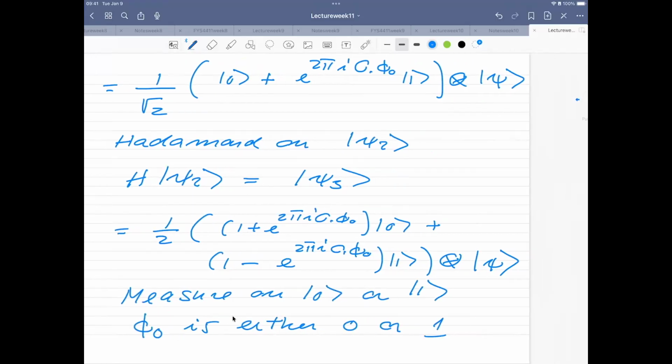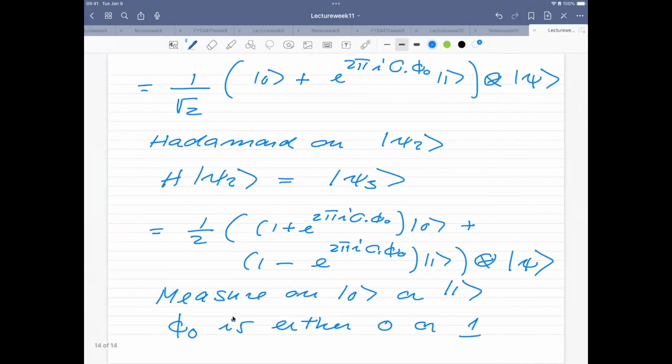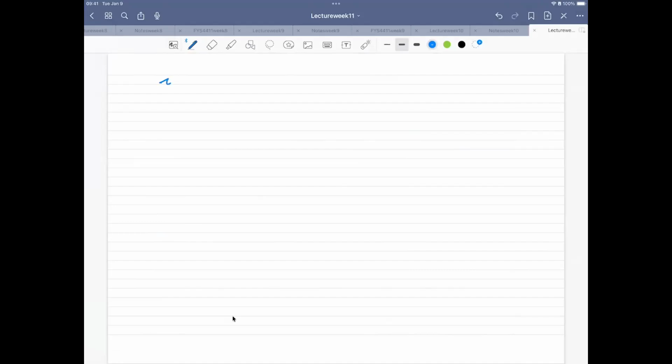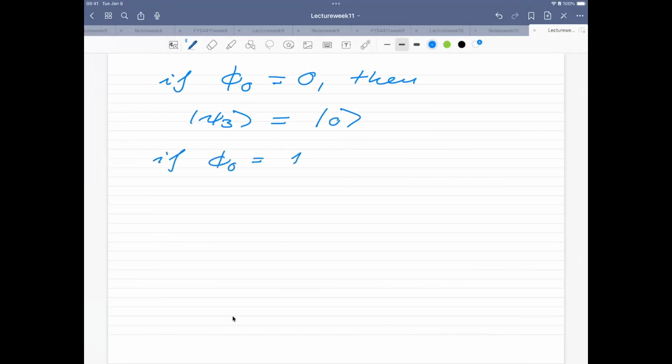These are the values which we have opted for. If phi 0 is equal to 0, then the state psi 3 is equal to qubit 0. If phi 0 is equal to 1, what happens then is that the state psi 3 is equal to qubit 1.